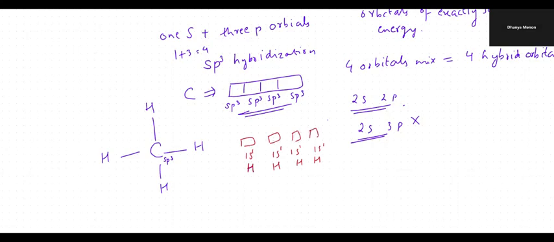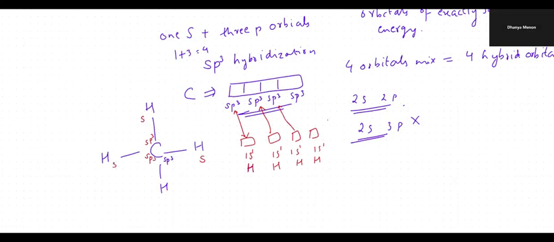A bond is formed between the s orbital of hydrogen with sp3 hybrid orbital of carbon. Another bond is formed between s orbital of hydrogen with sp3 hybrid orbital of carbon.